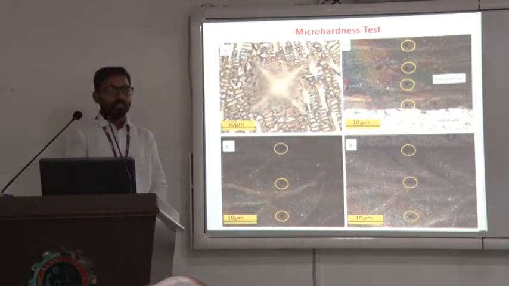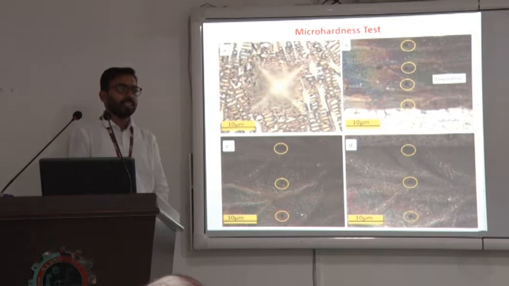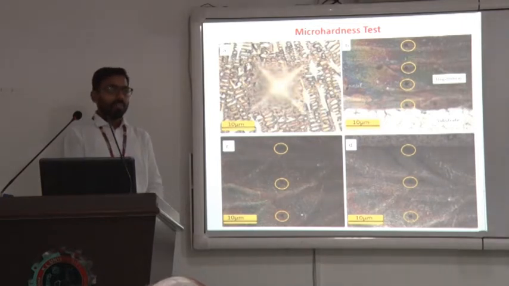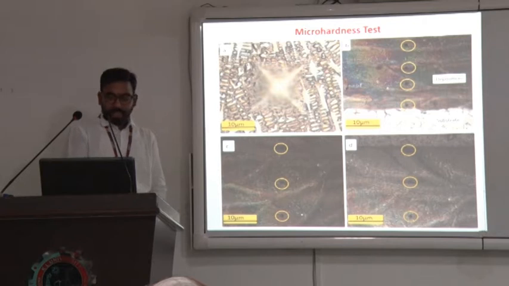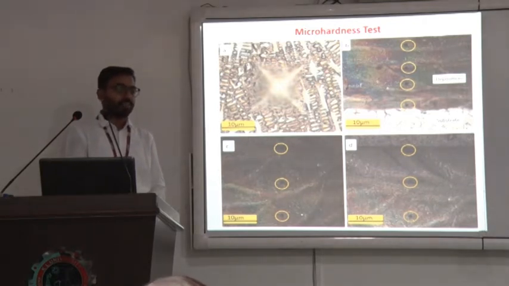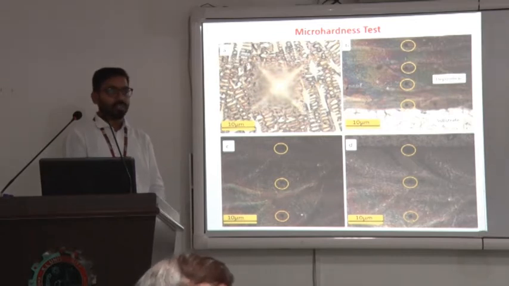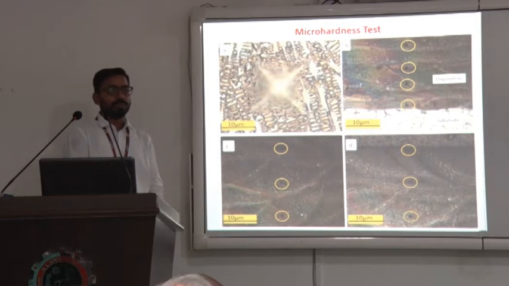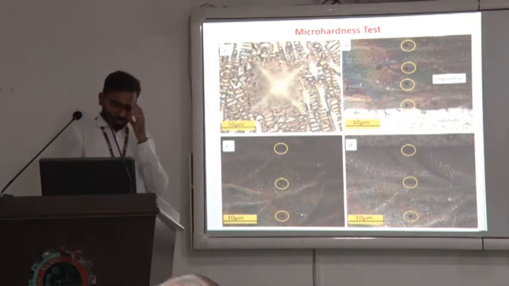It is observed that the hardness is very low near the substrate, and the hardness is also low at the top layers. At the bottom, it is due to the influence of the substrate on the first few layers, and at the top layer it is due to rapid solidification. This is further shown in the graphs.